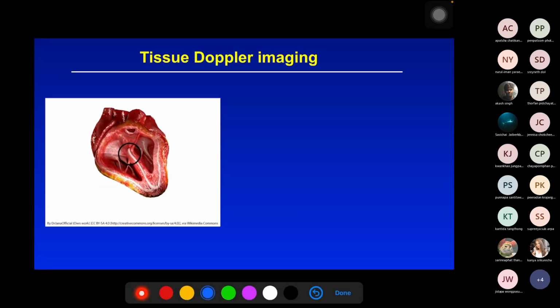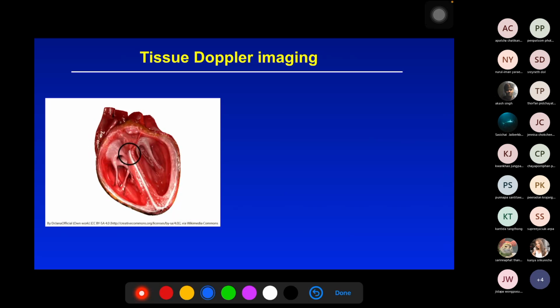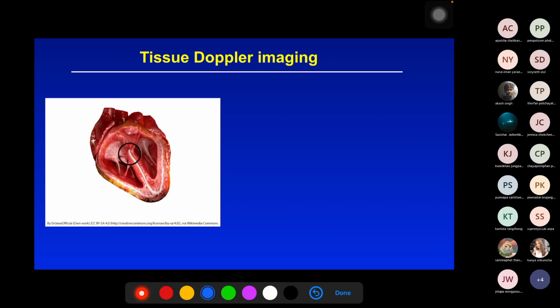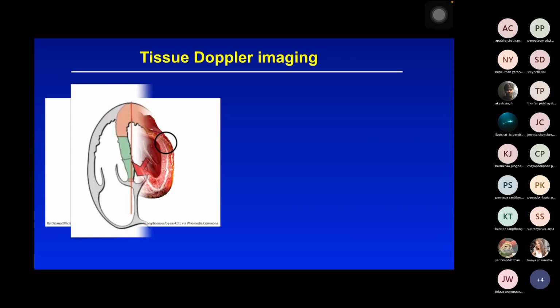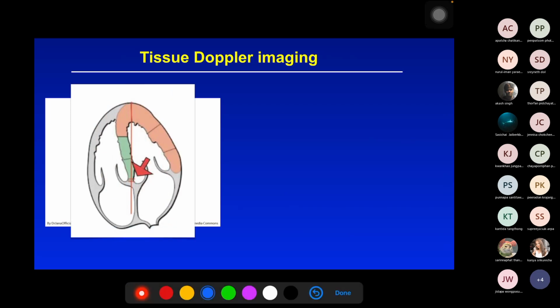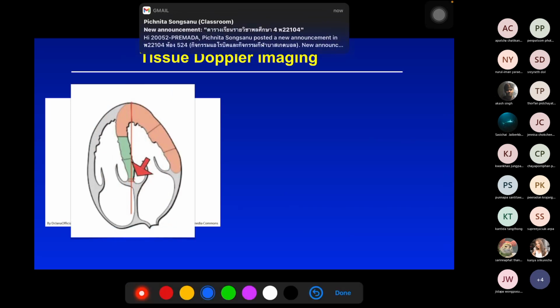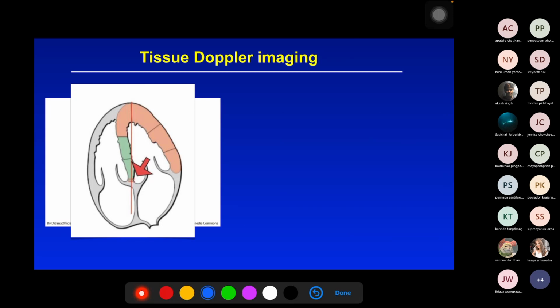For tissue Doppler imaging, you place the sample volume at the medial annulus and the lateral annulus of the MV annulus. You start from the apical four-chamber view. This is the medial annulus. You place the sample volume in the medial annulus. Again, you should be concerned about the Doppler angle.